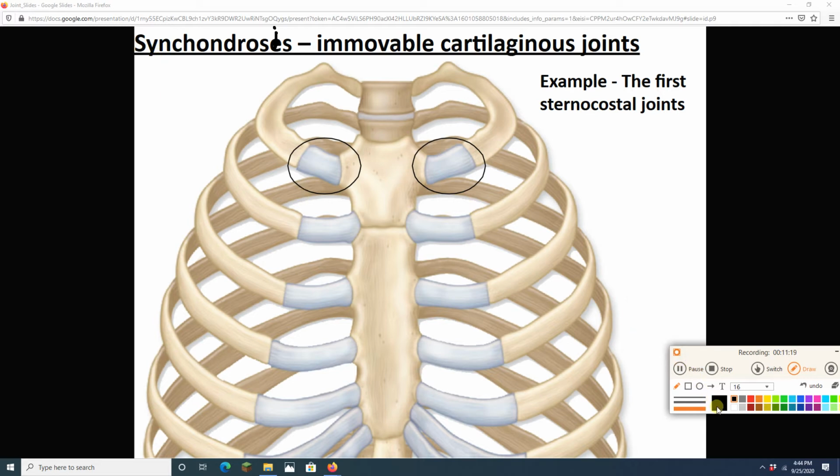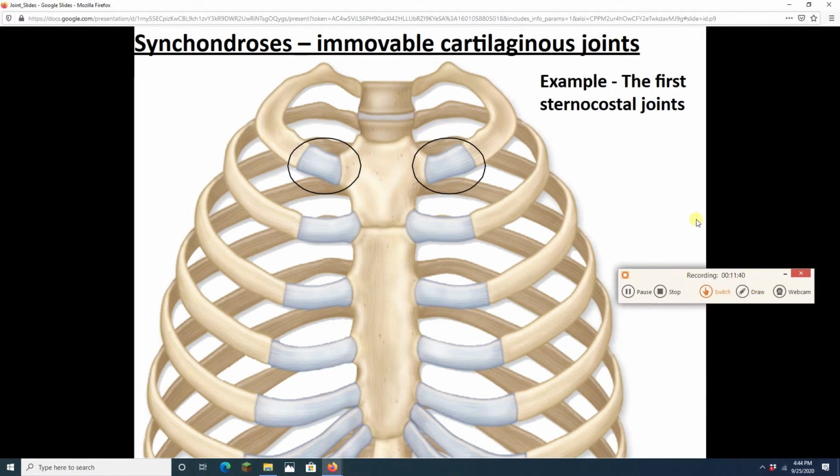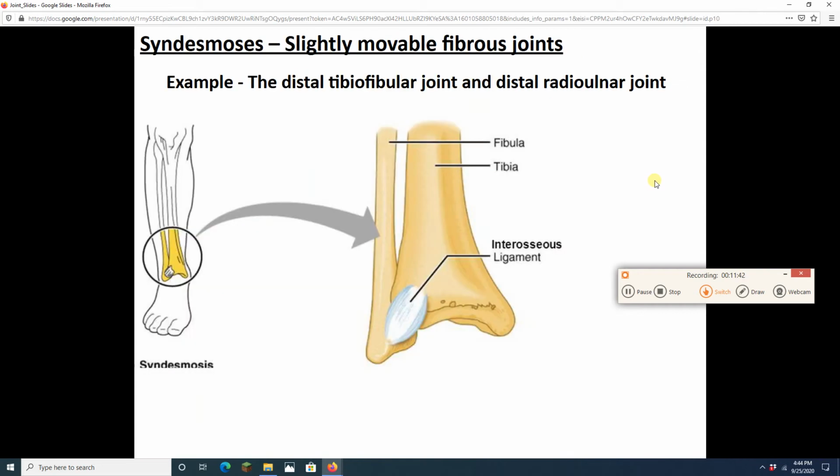Like, for example, if you're synthesizing, you're putting ideas together, right? Synchondrosis, together with cartilage. Chondro means cartilage. Remember, we had chondroblasts and chondrocytes, etc. All right, cool. That's pretty much it for our immobile joints.